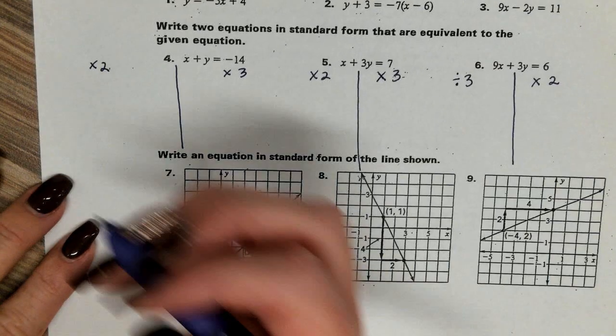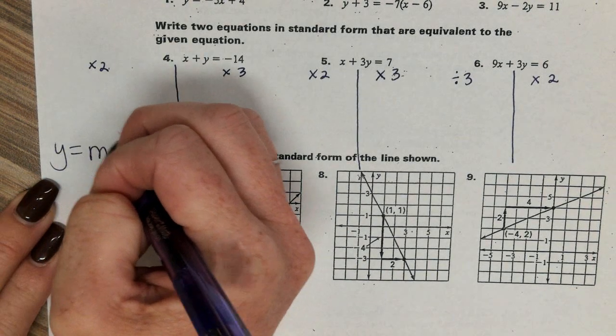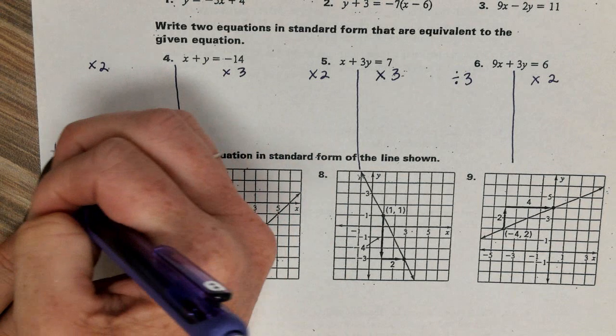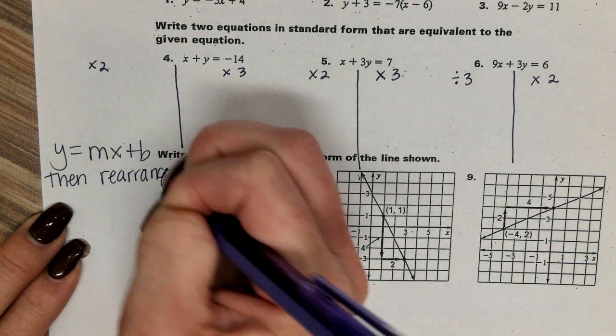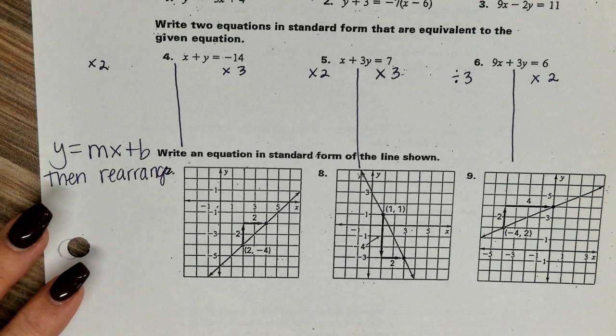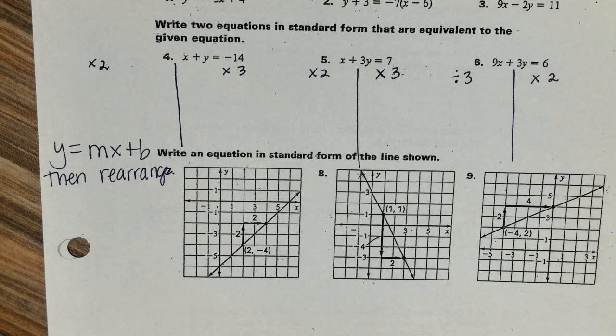Rearrange it. So write that right here: y equals mx plus b, and then rearrange. I do not want an improper standard form. So again, no negatives, no decimals, no fractions for the A.